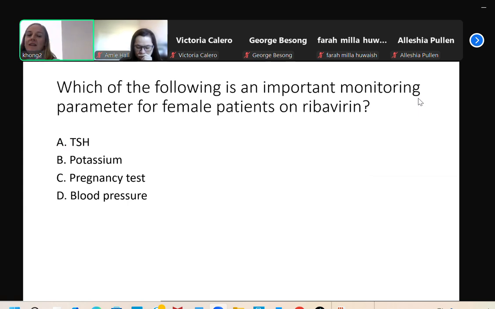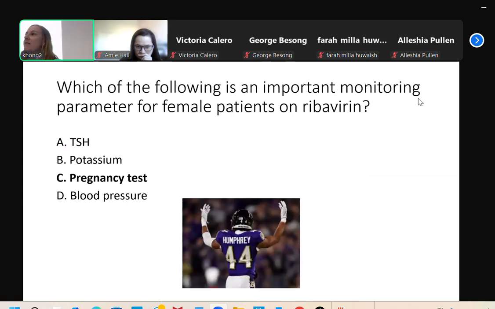Okay. I'm hearing C for pregnancy test. So what do you remember about ribavirin? Yep. It does cause a lot of birth defects, so you want lots of protection, contraceptive measures and testing.